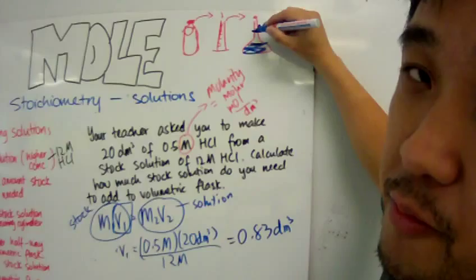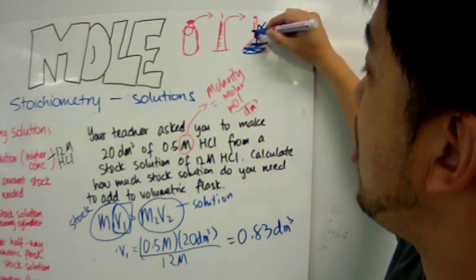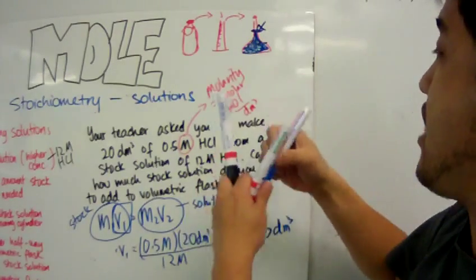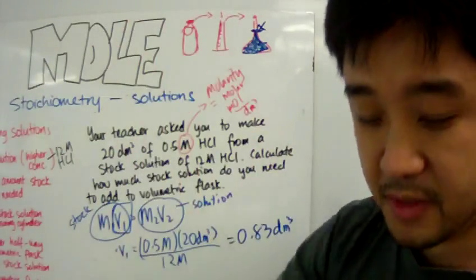If the mark on the volumetric flask is here, I fill up to that point, then recap and swirl it another time, usually in this motion.